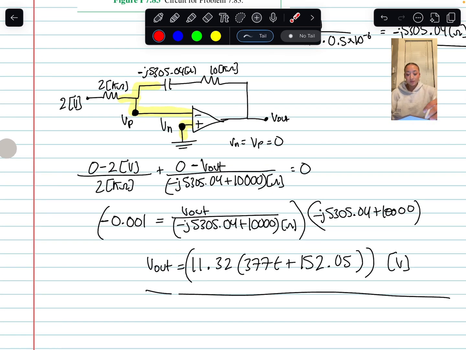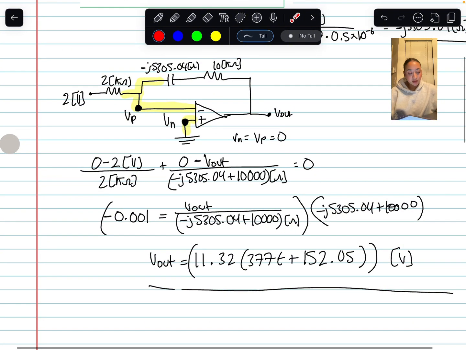There's no voltage drop. So 0 minus 2 divided by 2,000, and then I went from Vp to V out, so it's 0 minus V out divided by these two in series. And then I get my V out to be 11.32. That's the form for it. So this is my equation and my steps to solving this problem.